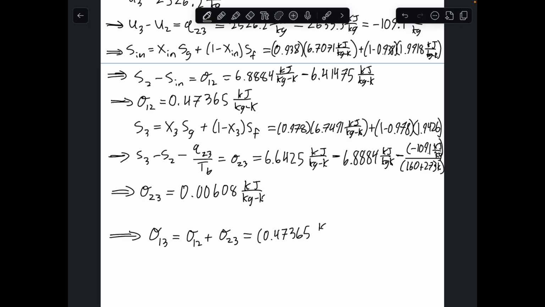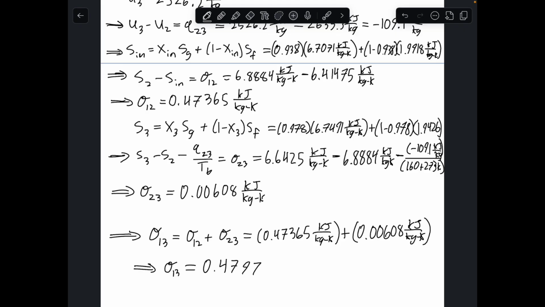We should get 0.47365 kilojoules per kilogram Kelvin plus 0.00608 kilojoules per kilogram Kelvin. And so our final answer for sigma from 1 to 3 should be somewhere around 0.4797 kilojoules per kilogram Kelvin.